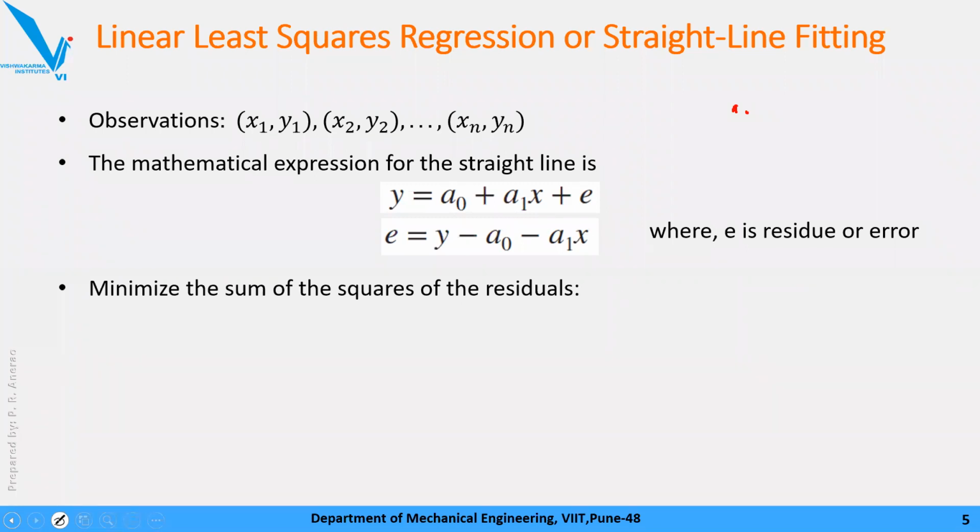In simple language, what they did is the summation of the squares of all the errors: take every error, square it, and add all the errors. And then they tried to minimize that sum of squares. So that is why this regression technique is called least square regression, where the sum of the squares of all the errors should be reduced, or we try to reduce this summation of all the error squares. Okay.